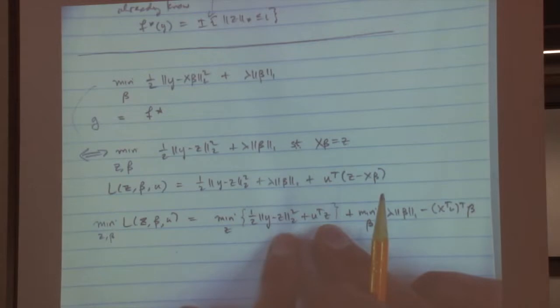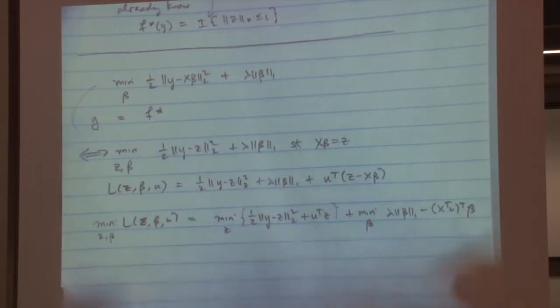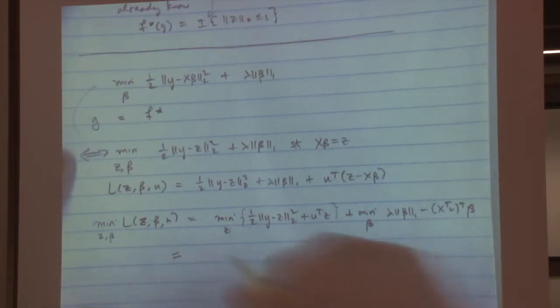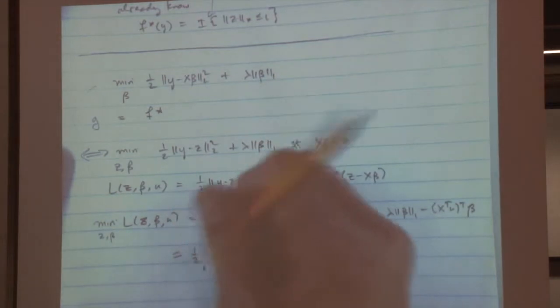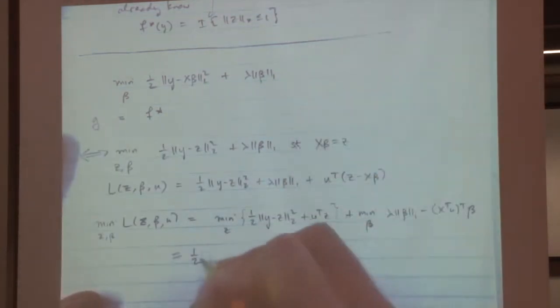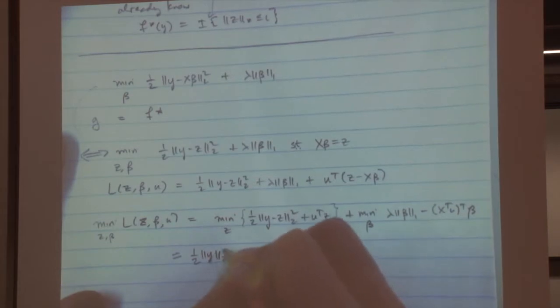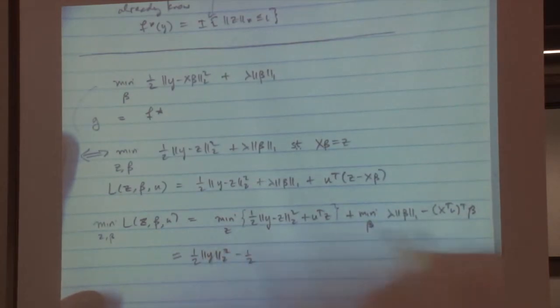And if I plug that in, I get one half the norm of y squared minus one half the norm of y minus u squared.